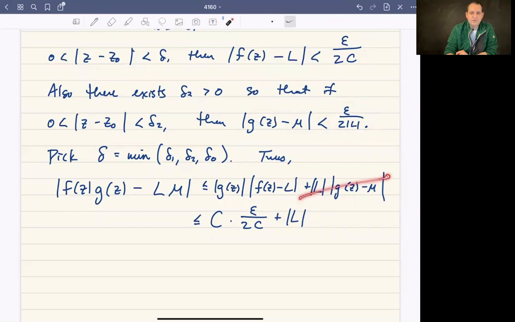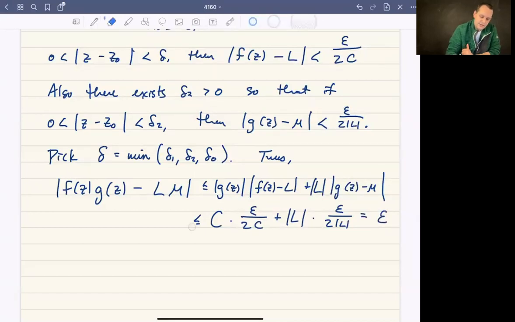This is just going to be 0, and then everything works out nicely. But if L is non-zero, then this is going to be the modulus of L times epsilon over 2 times the modulus of L. It works out that this is exactly epsilon over 2 plus epsilon over 2, which gives us epsilon.